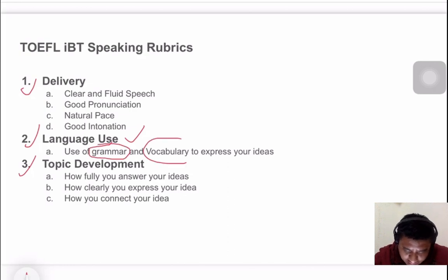When we talk about grammar and vocabulary, the language components that are measured are the same as those measured in our writing. But the only difference is that in writing, grammar and words are judged very strictly, but in speaking, it isn't that strict.